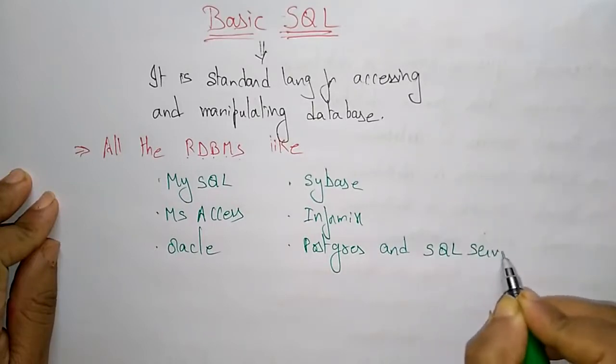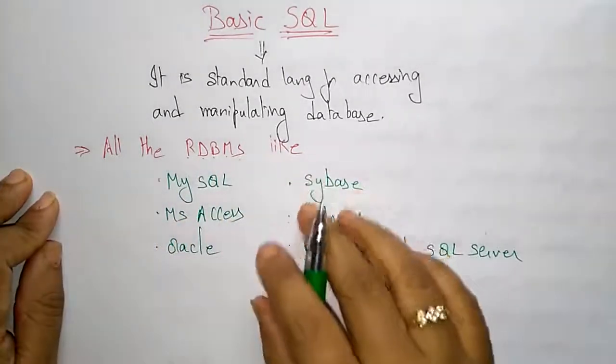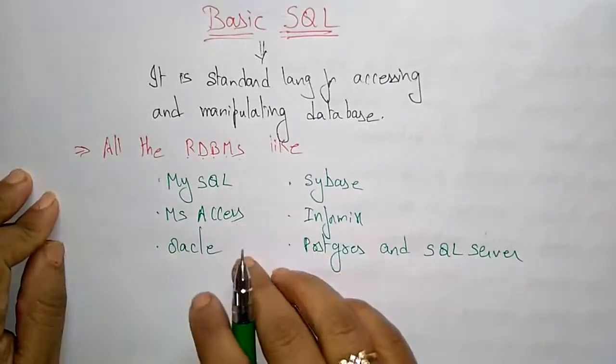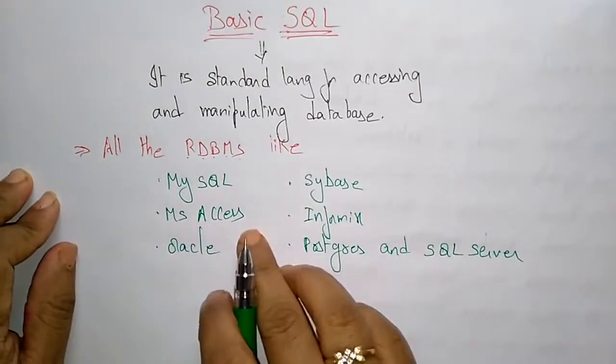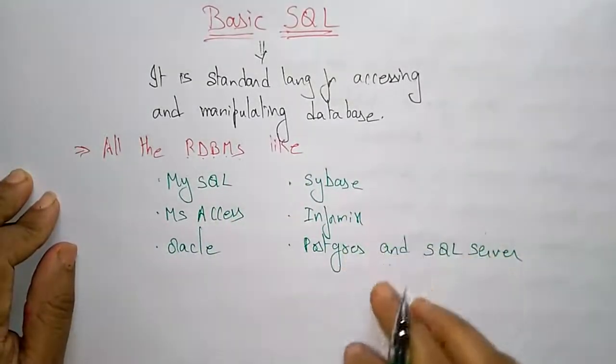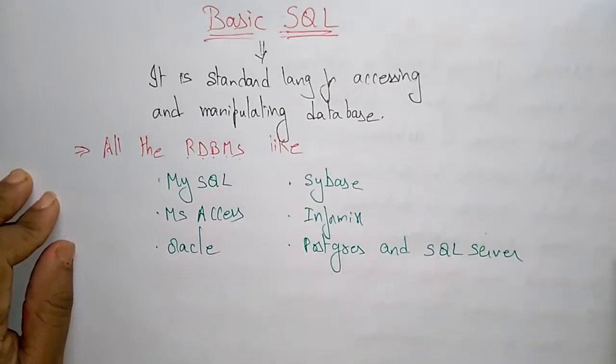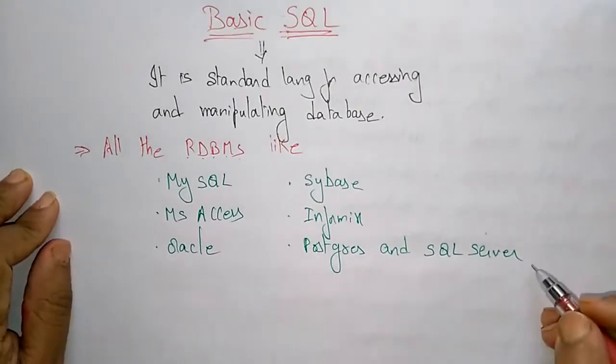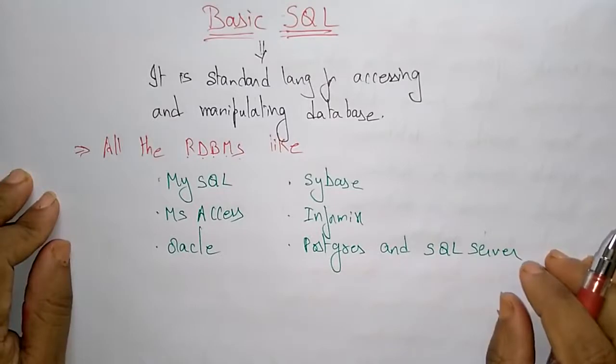So MySQL, MS Access, Oracle, Sybase, Informix, Postgres, and SQL Server are all relational database management systems.